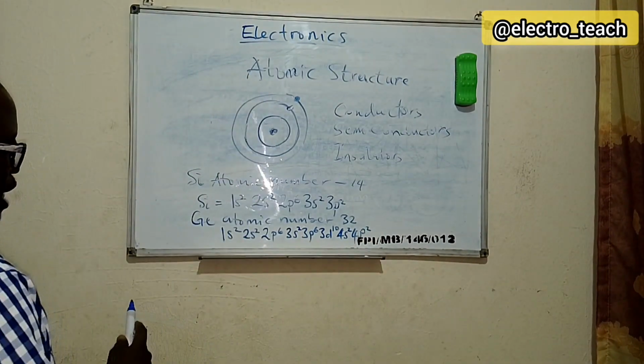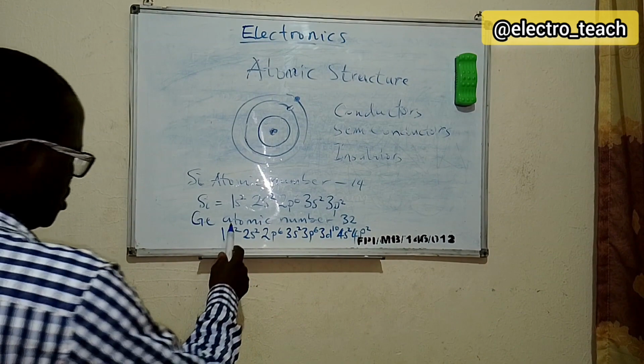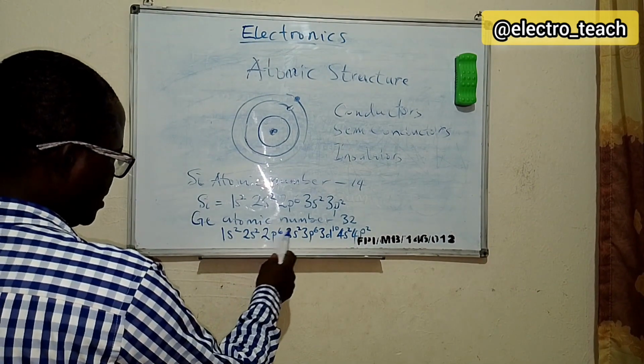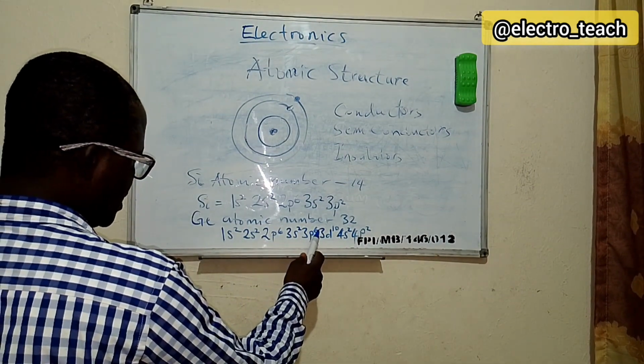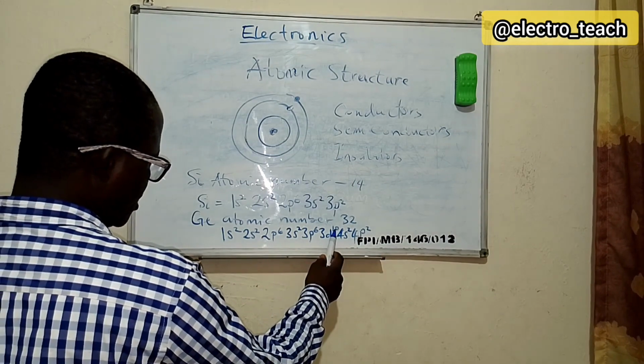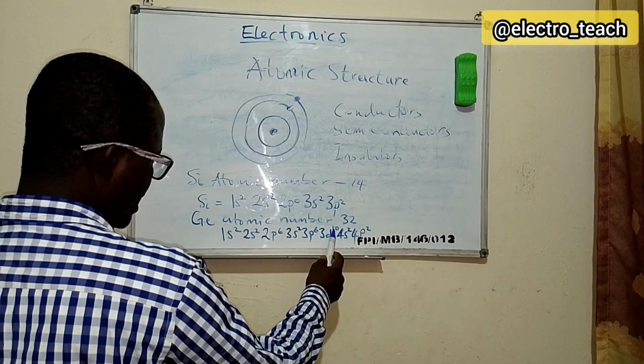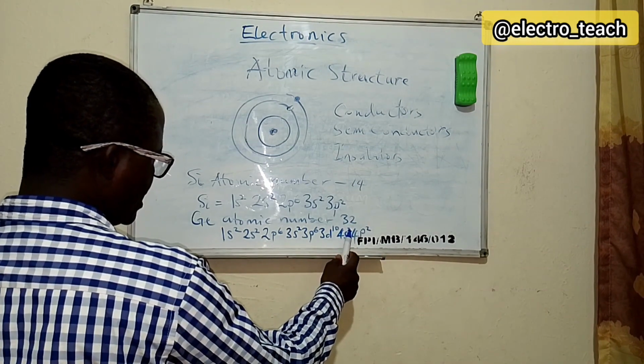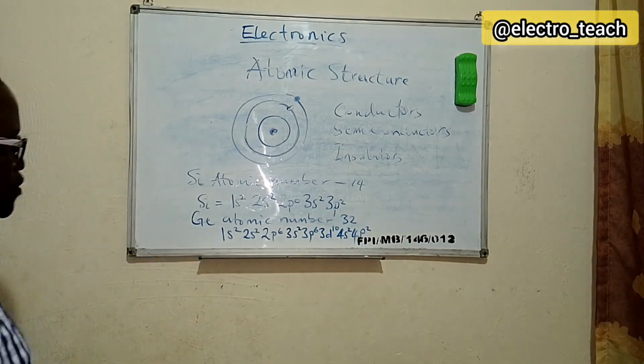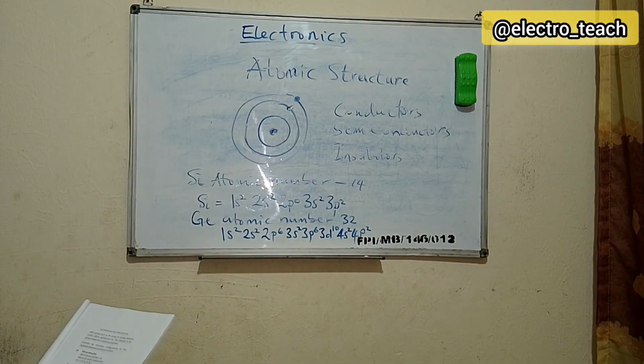So that gives a total of 32 electrons. 2 plus 2 plus 6, 10, plus 2 plus 6, 18, plus 10, that's 28, plus 2, 30, plus 2, 32. That is for germanium.